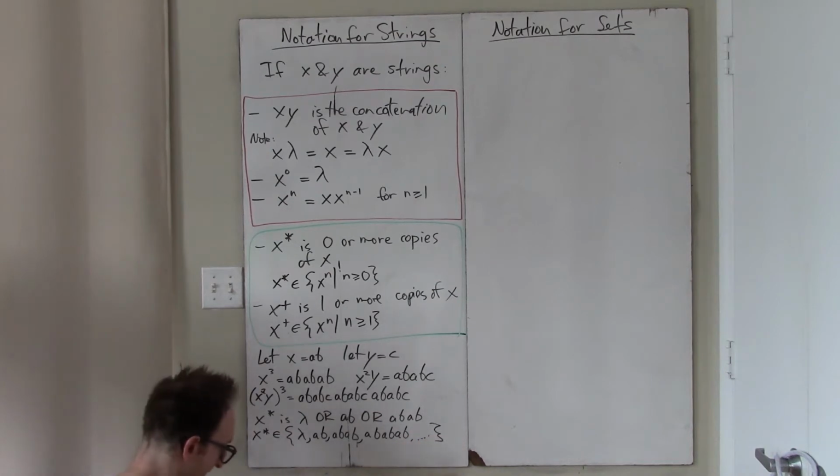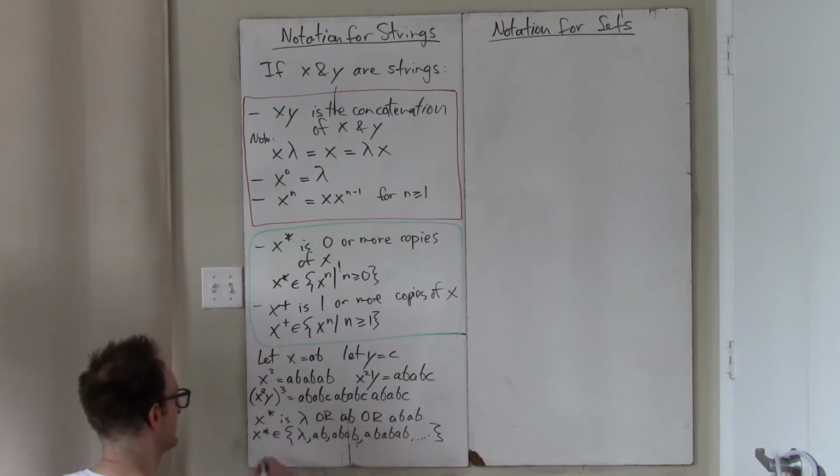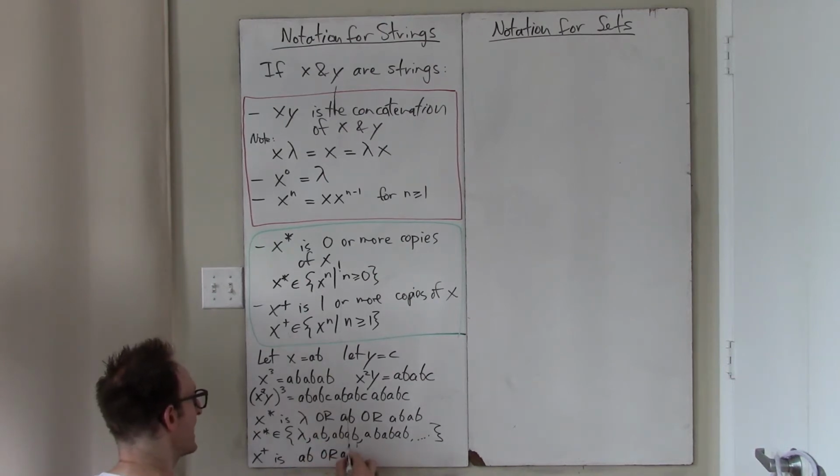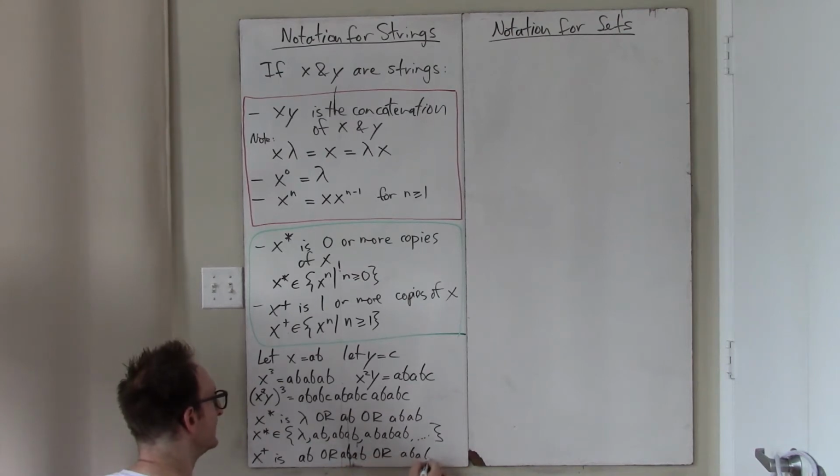Okay, and I've run out of room for x plus. Well, I'll just do it. For x plus, the empty string is now considered not part of x plus. X plus is AB or ABAB or ABABAB, etc.